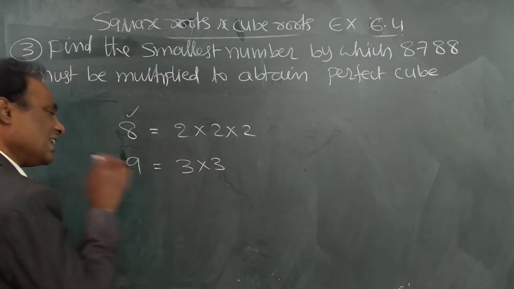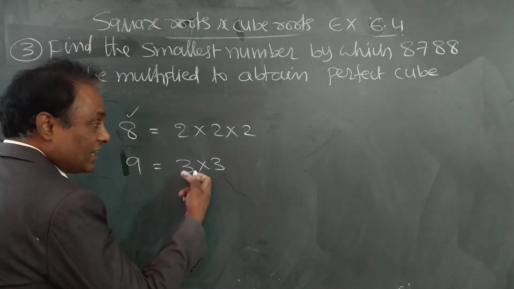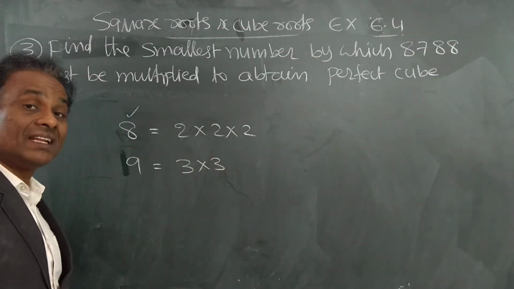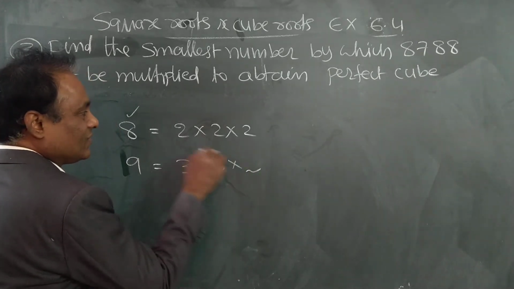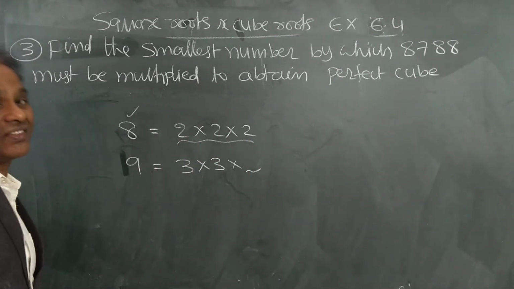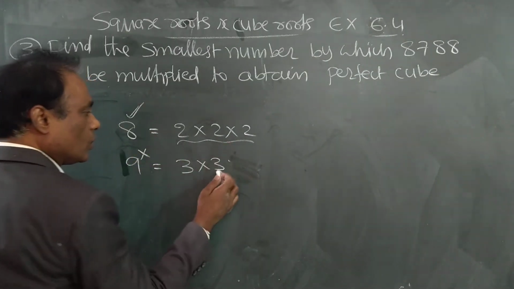It is not a perfect cube because the prime factor should appear in a group of 3. One more 3 we require. 3 times it should repeat. Then only it is a cube. This is a cube. This is not a cube because only 2 are repeated.